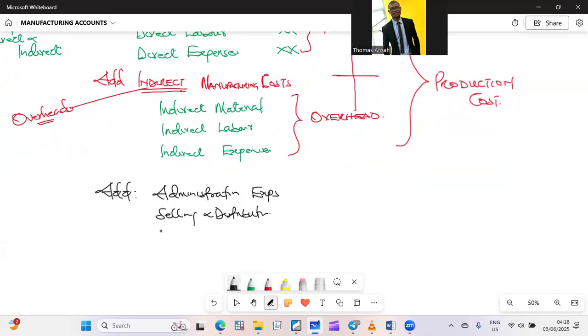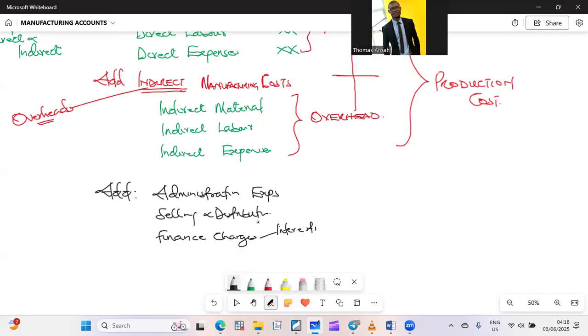Then we have something like finance charges. Finance charges are the bank interest, okay? So include the bank interest.